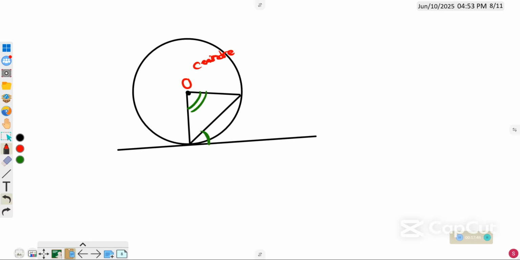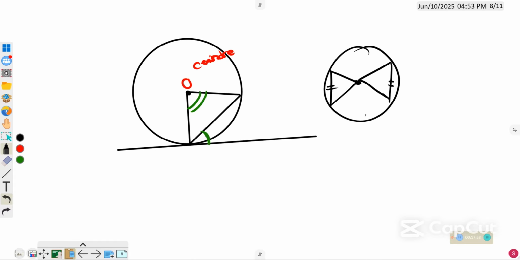In fact, so far we only spoke about one theorem that allows you to equate things at the center, which is none other than the theorem that states that equal chords subtend equal angles at the center of the circle. That's the only theorem that allows you to say this is equal to that. Otherwise, the center is always twice something. In fact, this theorem would only apply if you had what?